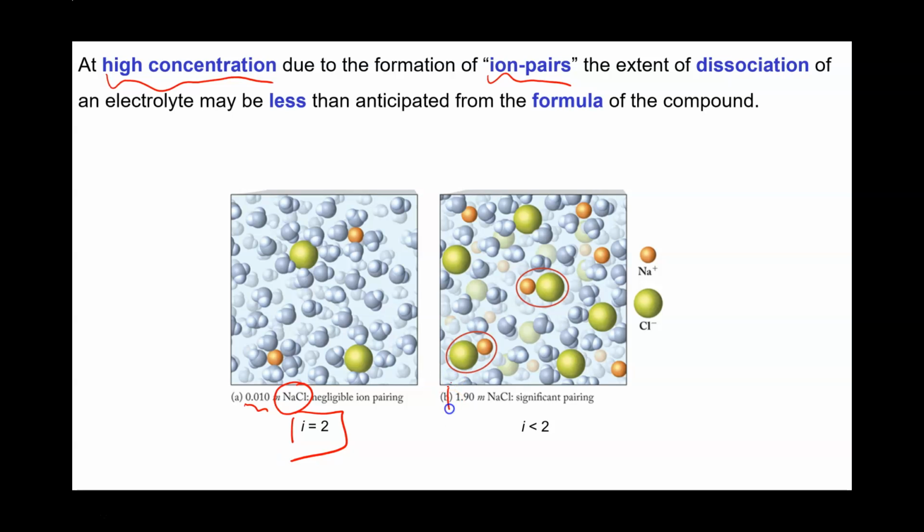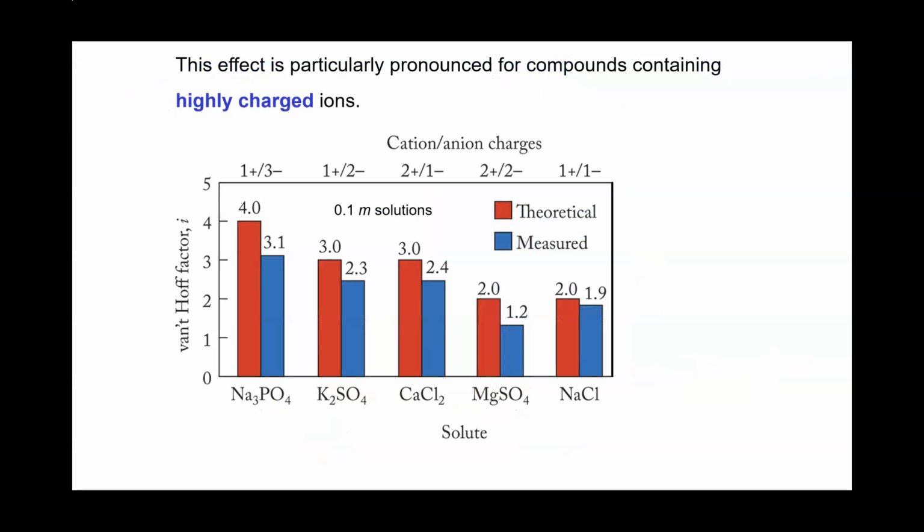If I go to a much higher concentration of sodium ions and I start getting significant pairing up of the ions, then your i will be less than 2. And that can be an issue, particularly when you start getting really highly charged ions that attract one another a lot. So this diagram that follows will indicate that.